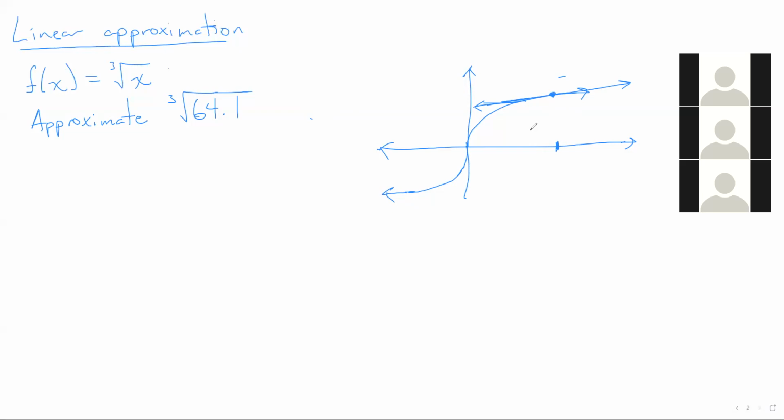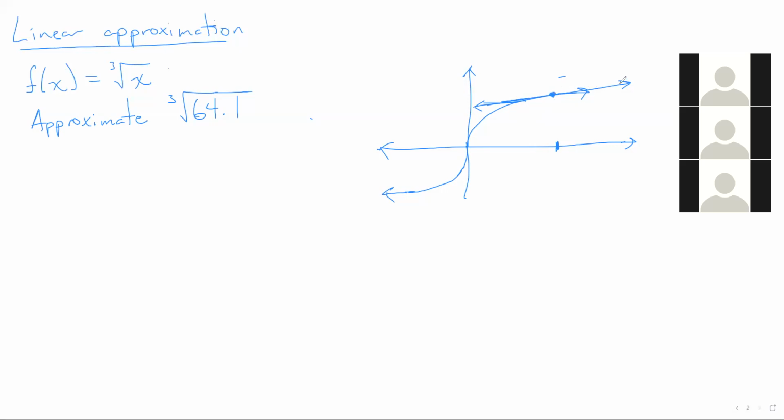But basically, if we're going to do a linear approximation, we need to find an x value where this approximation is going to be centered. And what I mean by centered is, if you look at this graph here, I have a straight line which is tangent to a curve. That straight line shares a location with the curve.